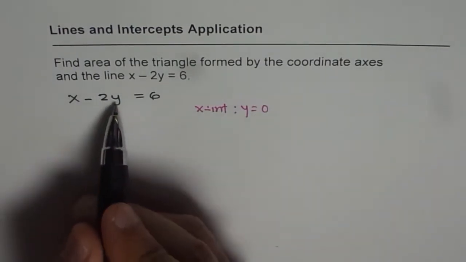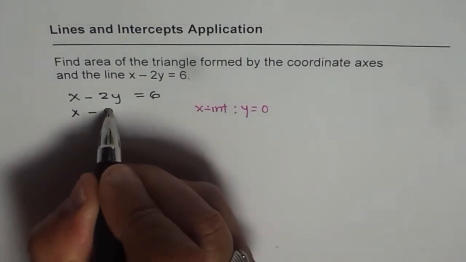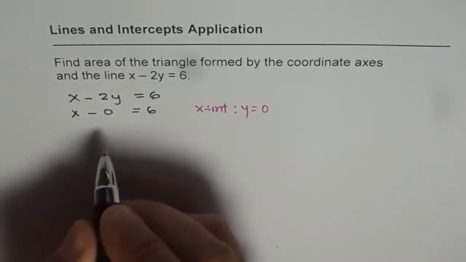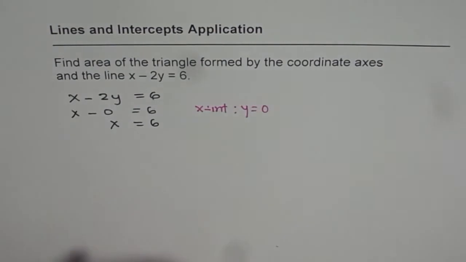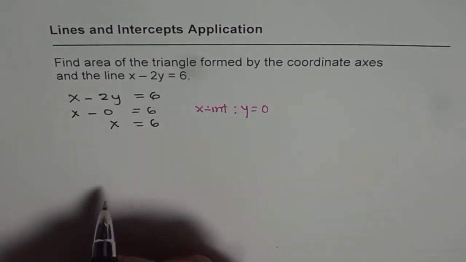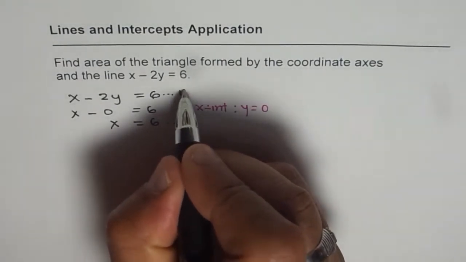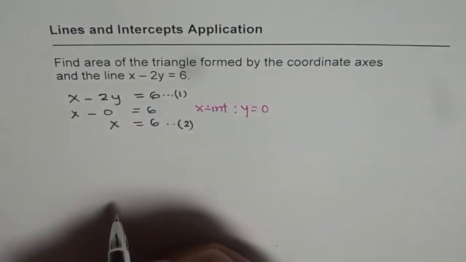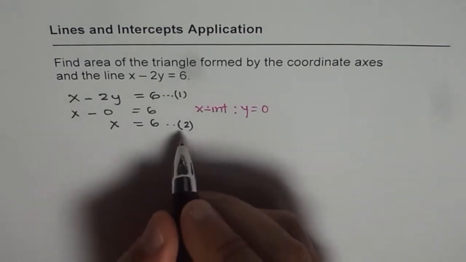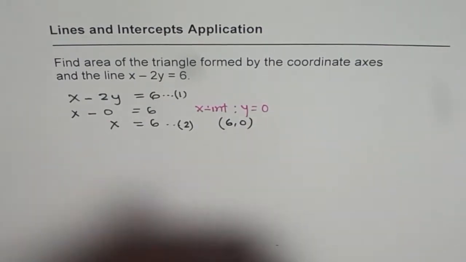So if I write y equals 0 here, I get x minus 0 equals 6, or x equals 6. So that is my x-intercept. Let me label the equation of the line as equation 1 and the x-intercept as equation 2. The coordinates of the point will be (6, 0), correct?